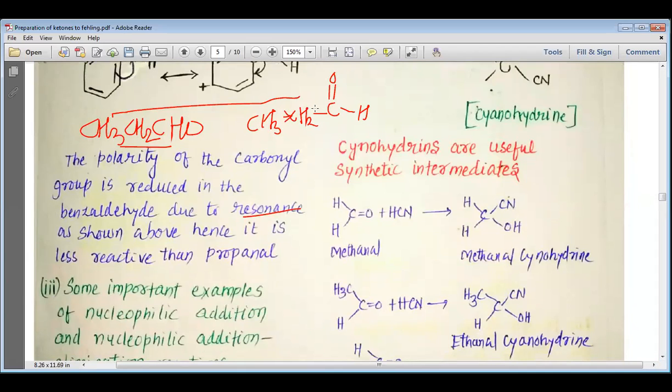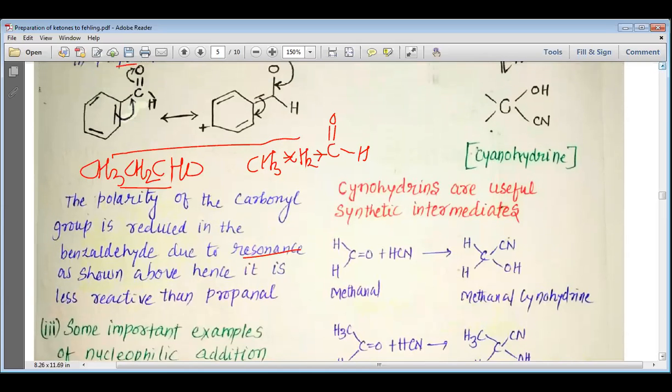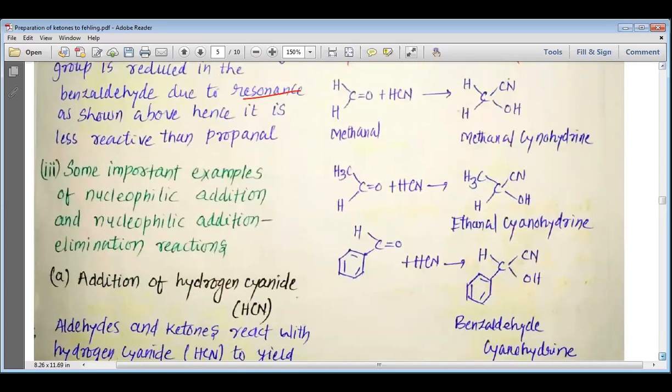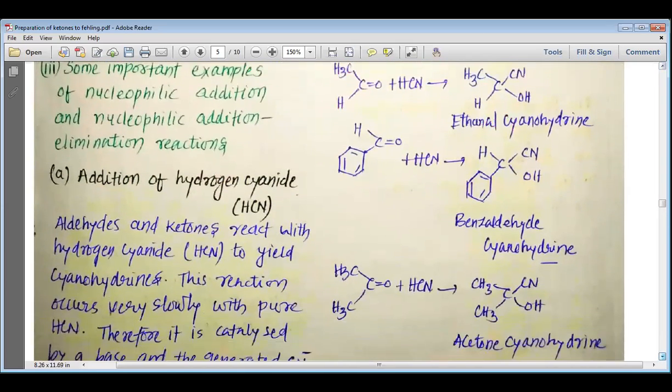Both these are electron donating groups, and ultimately the electron density on carbon increases, so the positive charge in comparison with the ketone decreases. But here the electron present undergoes the resonance, and that is why the benzaldehyde is less reactive than the propanol.